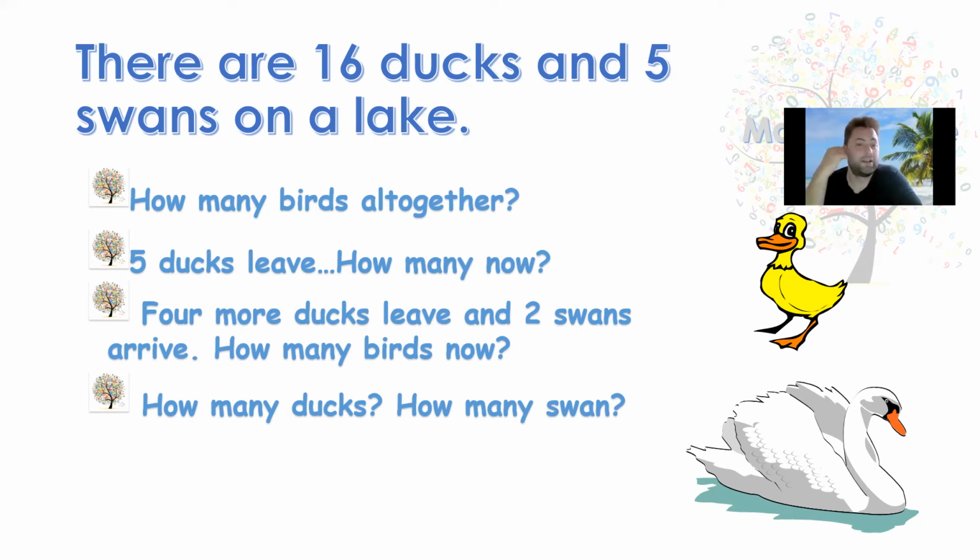That's 13. And then how many ducks are there and how many swans are there? None of the swans have left. So we know that there are 7 swans left on the lake. The difference between 7 and 13 is 6. So there are 6 ducks left on the lake.